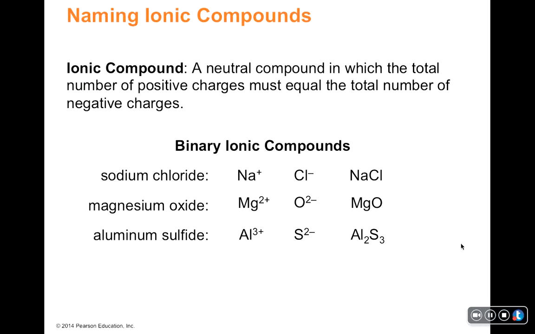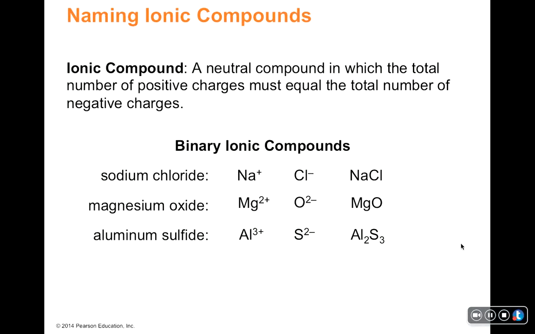Each sulfur ion has a charge of -2. So the total charge on sulfur is -6. So we have +6 for the total charge on aluminum and -6 for the total charge on sulfur. And so the net charge is 0. So the formula is correctly written.